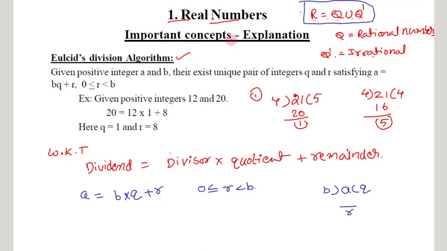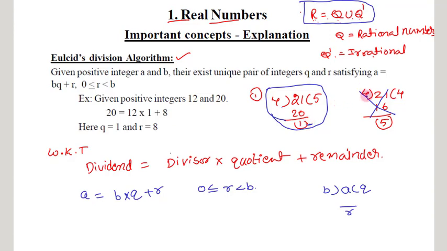Usually we'll treat this one as correct, and this is wrong. Why is this wrong? As per the convention, while dividing any number by a divisor, the remainder should be less than the divisor.